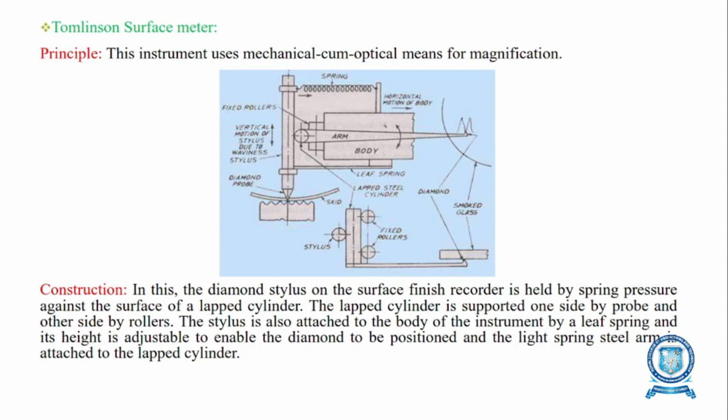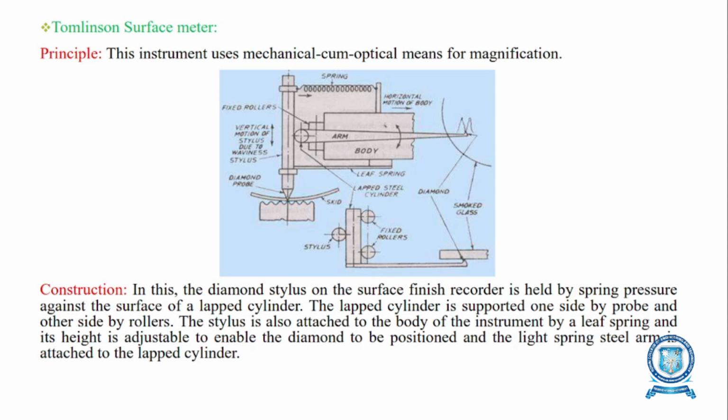So here the Tomlinson surface meter recorded the traces with the help of a diamond scriber, which is in the Tomlinson surface meter, and the scriber scratches the glass or smoked glass when the skid and probe move over the surface.